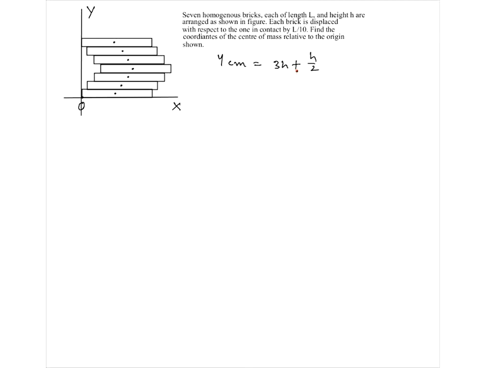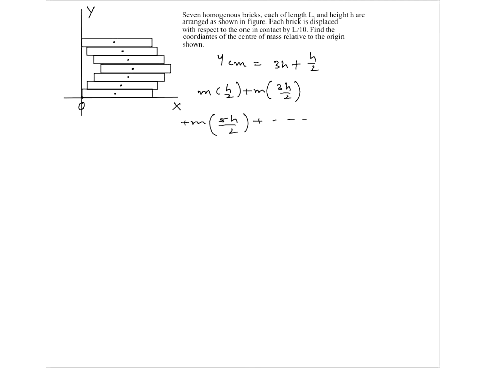If you want to do it by the formula, that way also you can find YCM. And that way you would do it like this. First, mass into its y coordinate, which is H by 2. Second mass into its y coordinate, which will be H plus H by 2. Third mass, its y coordinate, H plus H, 2H plus H by 2.